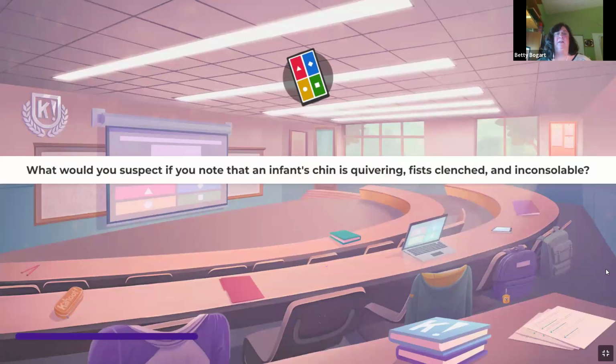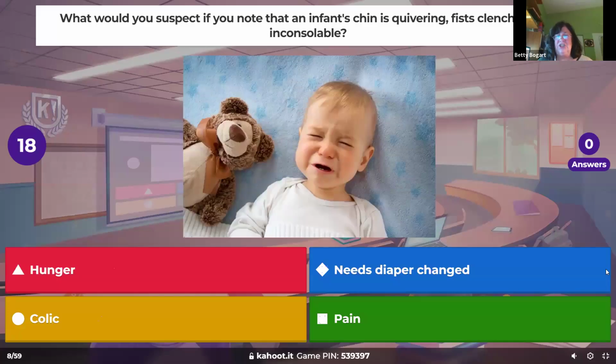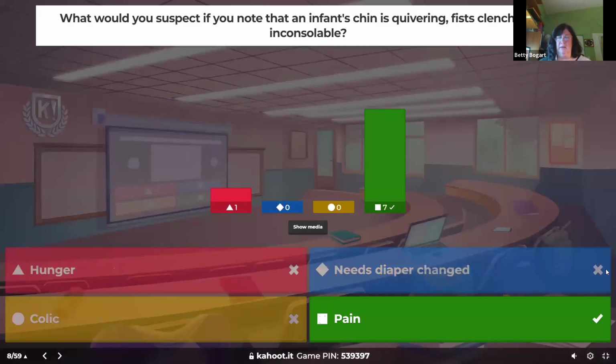What would you suspect if you note that the infant's chin is quivering, those fists are clenched, and they're inconsolable? What does that mean on an infant? They're crying. Mommy's holding them. Nothing's happening. They're in pain.